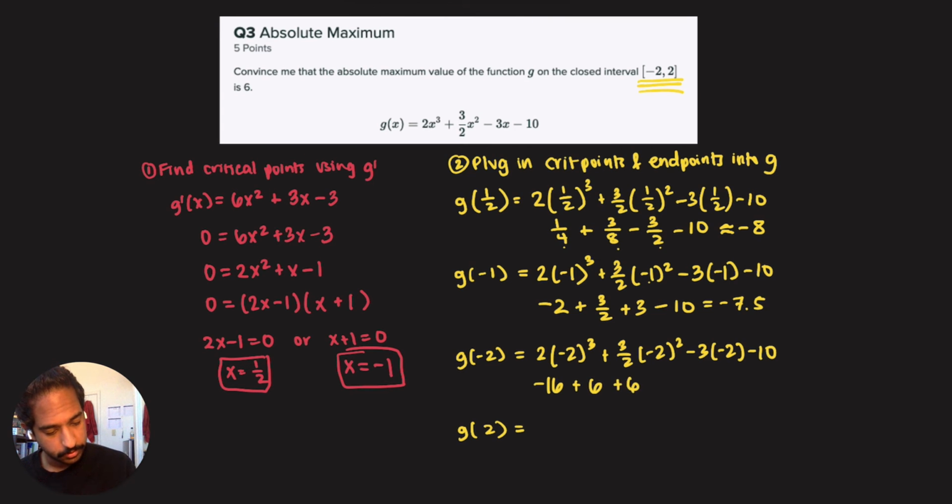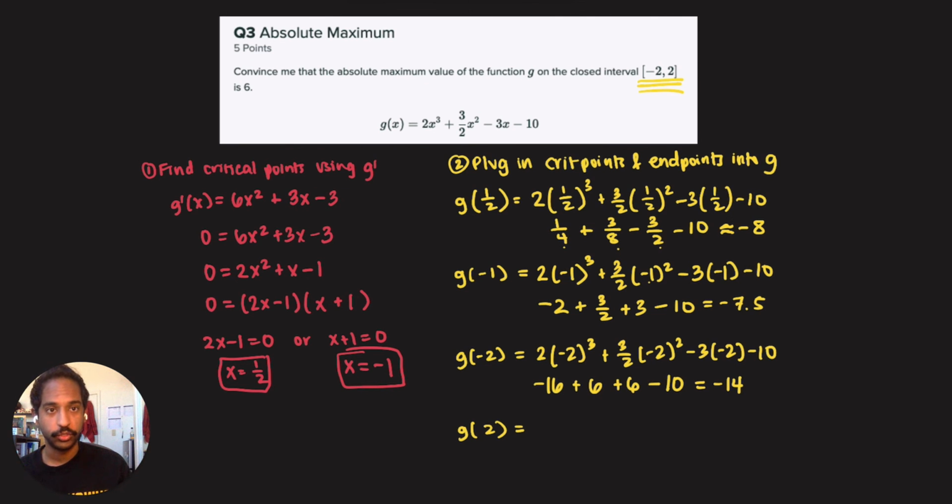Plus 6 minus 10. Negative 16 plus 6 is negative 10, plus 6 is negative 4, minus 10, negative 14. I believe. Hold on, let me make sure. Yes, minus 14. Okay, so we're getting lots of negative values.